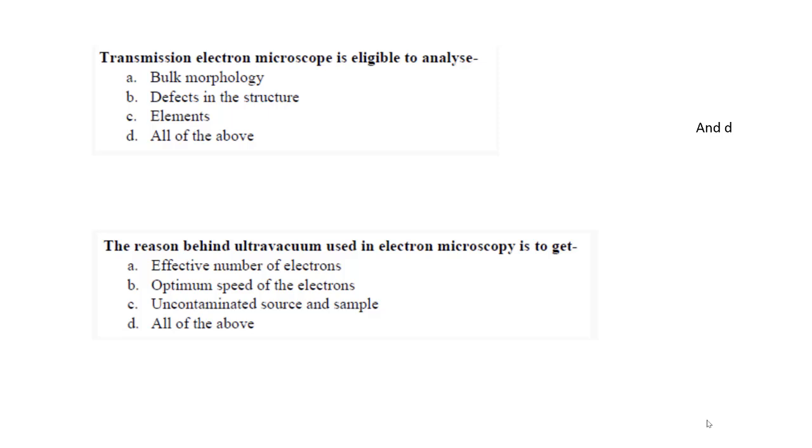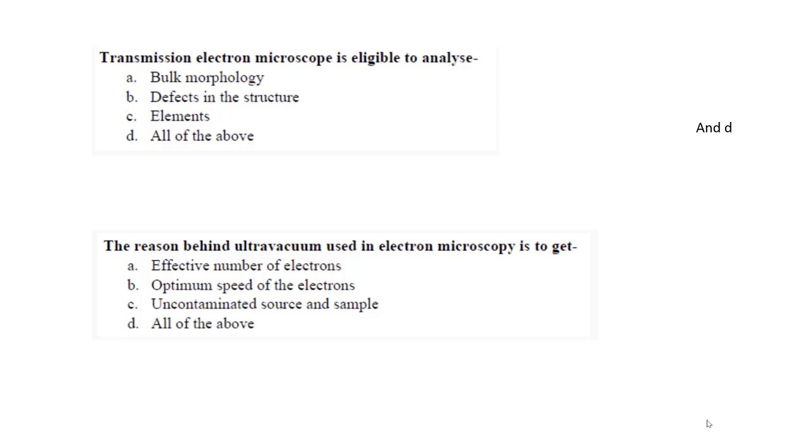So the second question is, the reason behind ultra high vacuum used in electron microscopy is to get an effective number of electrons, optimum speed of the electrons, uncontaminated surface of source and sample, or all of the above. So what will be the answer for this one? Yeah, exactly.